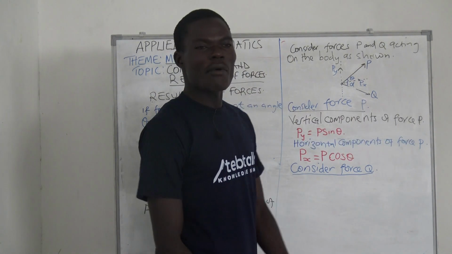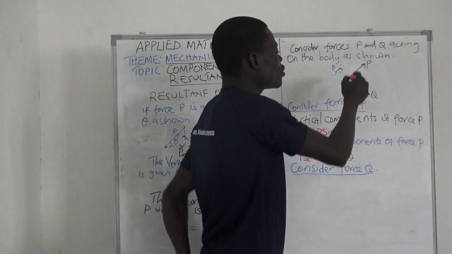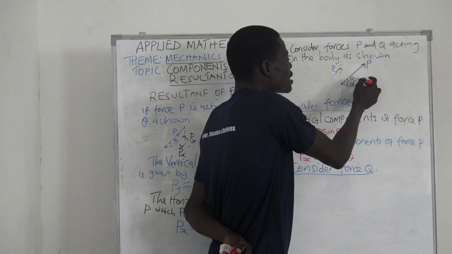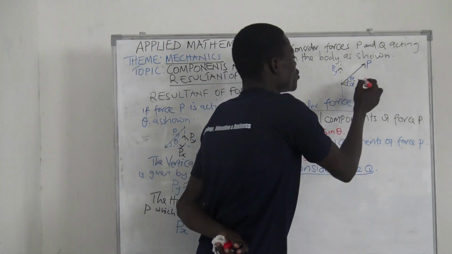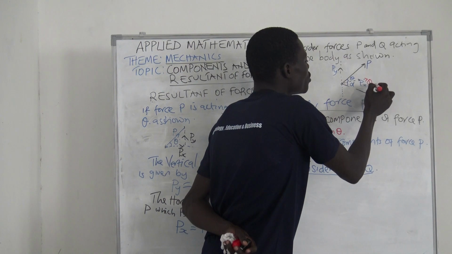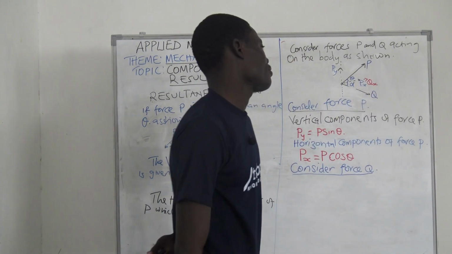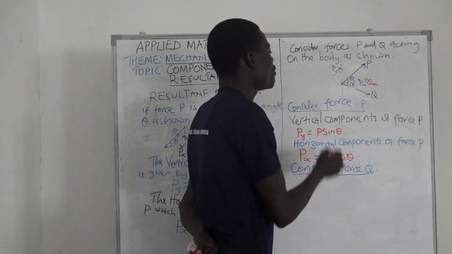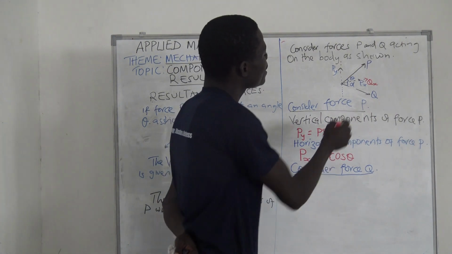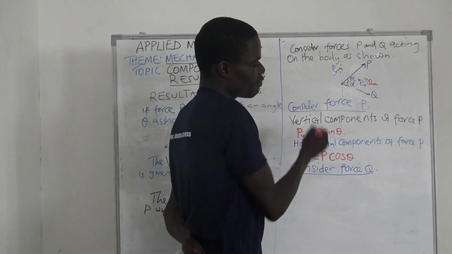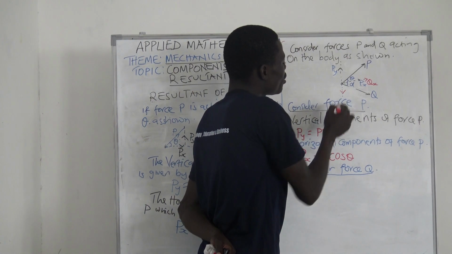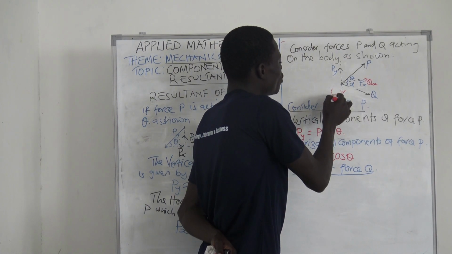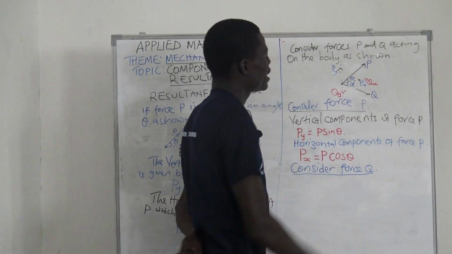So where will be our horizontal component? The horizontal component of force Q will be in the same direction as the horizontal component of force P. So this one will also be Qx. Since force Q is going downward, the vertical component of force Q will also go downward. This one will be our Qy.